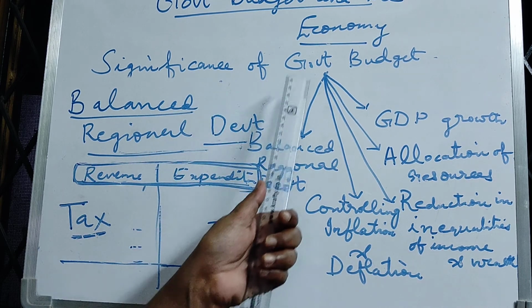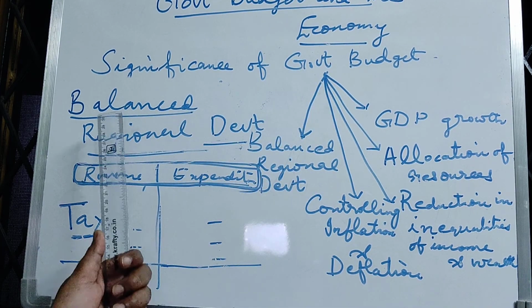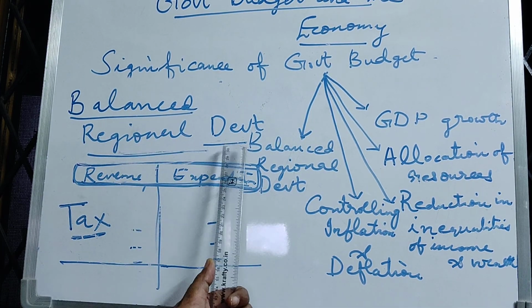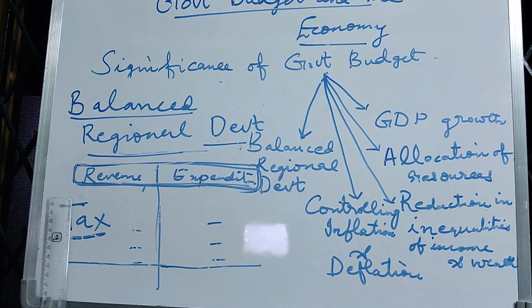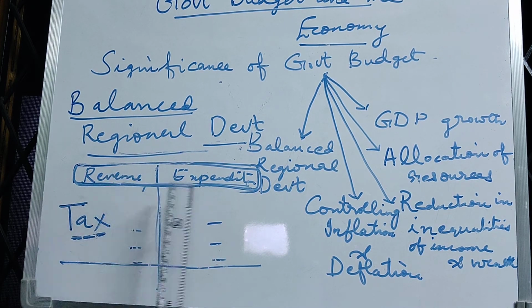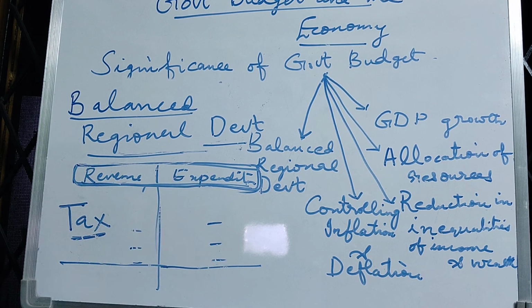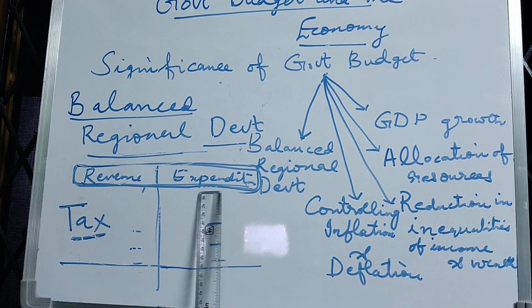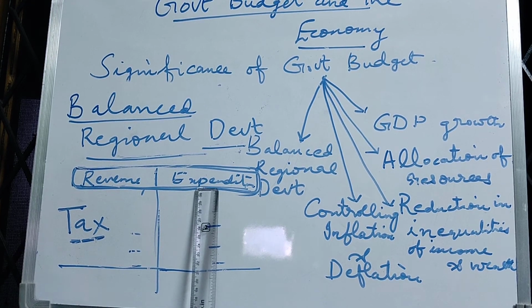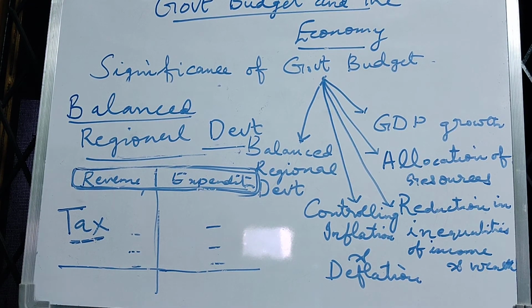How does the government budget fulfill balanced regional development? You know, the budget has two sections, revenue and expenditure. In the expenditure part, the government incurs crores of money as expenditure on various activities.